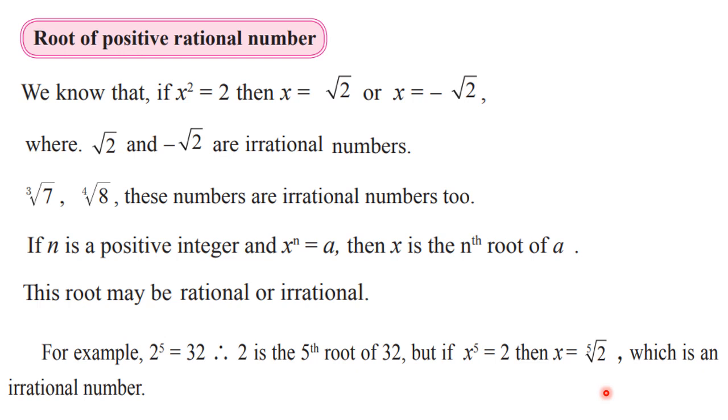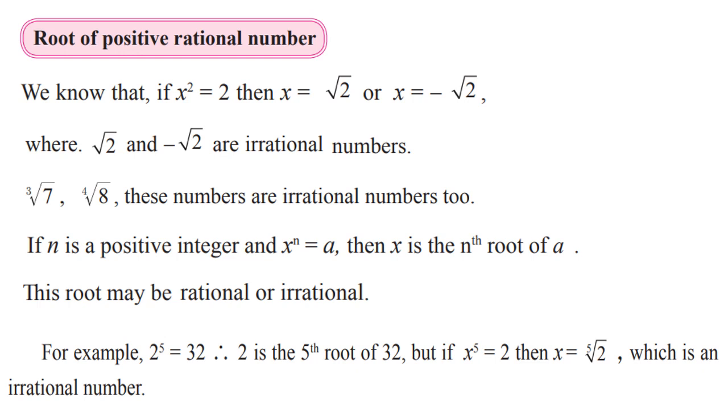So as you have kept in mind that the square is always positive, similarly here we are going to think of root of positive rational number only. Okay, so now such numbers, see, 5th root of 2, then cube root of 7, 4th root of 8, root 2, this minus root 2, all these numbers are called as surds.